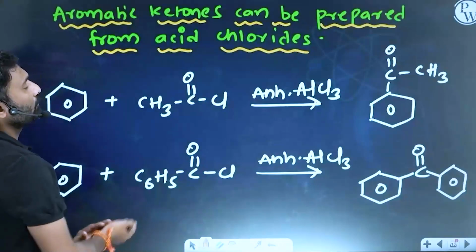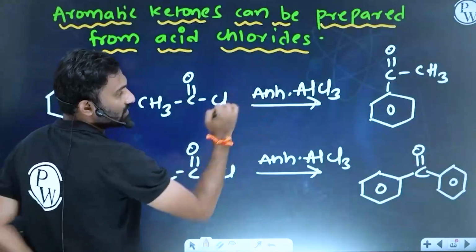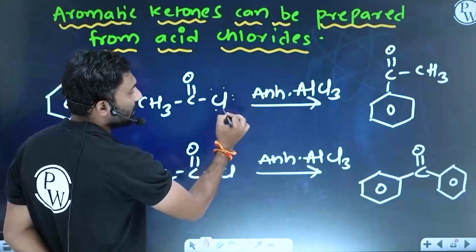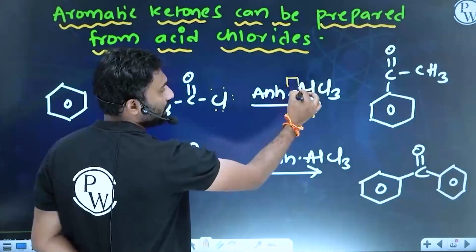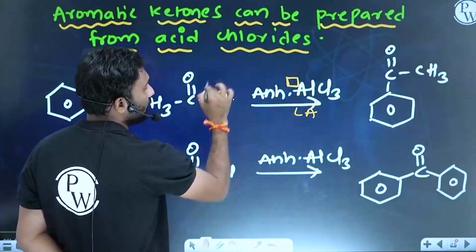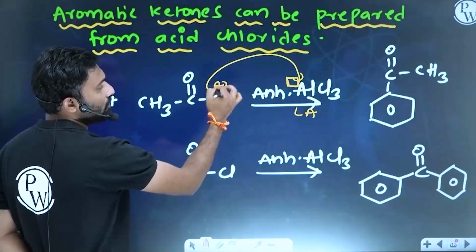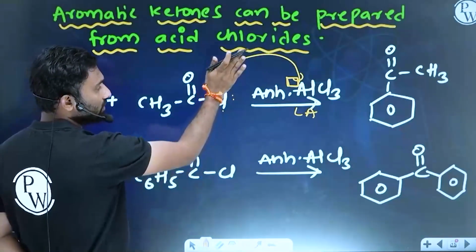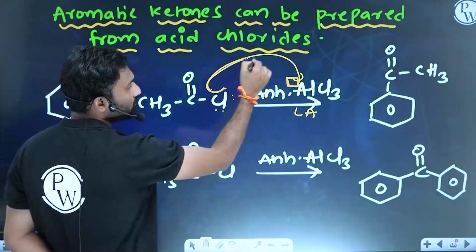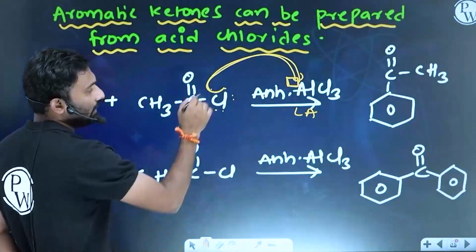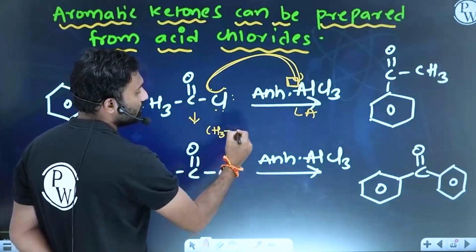Aromatic ketones can also be prepared from the acid chlorides. Now this is the acid chloride, and this is anhydrous AlCl3. Anhydrous AlCl3 is a Lewis acid. A Lewis acid will accept electrons due to the presence of a vacant orbital. It will accept the chlorine's lone pair, and the chlorine will get the positive charge. This becomes a double bond.